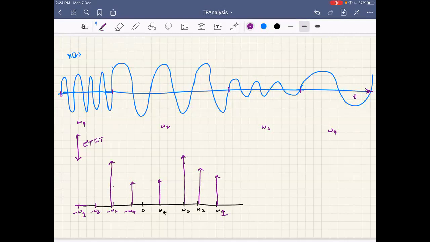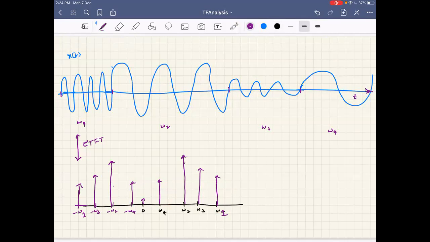But the question here is, if we ask during which time duration do I have omega 1 frequency in the signal, do we have an answer from the Fourier transform? Assume the 0 frequency is some DC component.